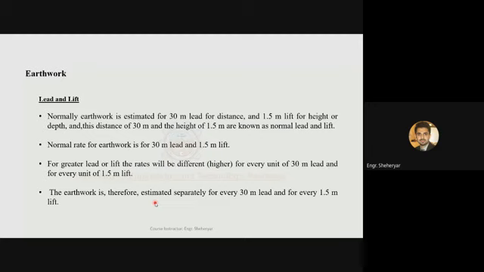For example, from 0 meters to 30 meters, your rate will be X. Now, if the distance between the point of excavation and point of deposition is increased, and now the distance is, let's say, 45 meters, then you will increase the rate, your cost.